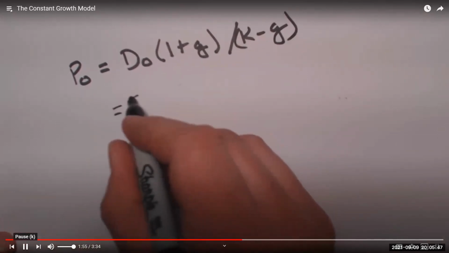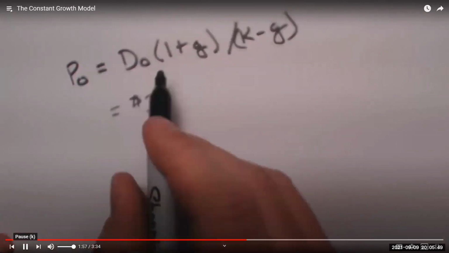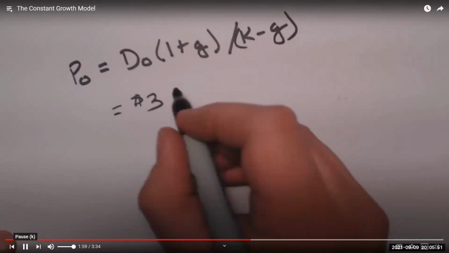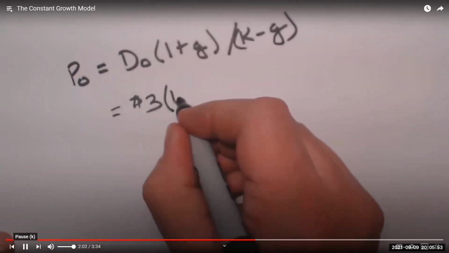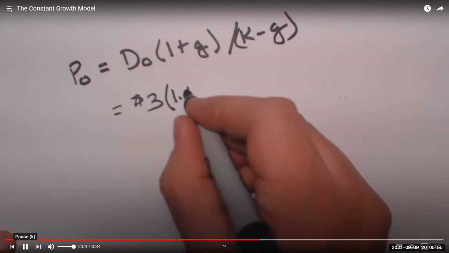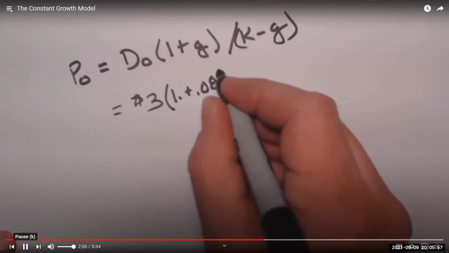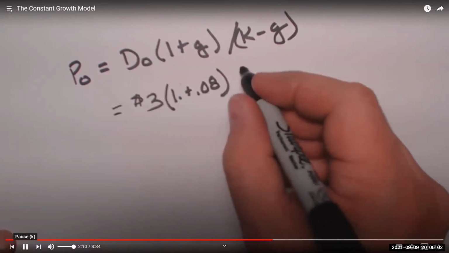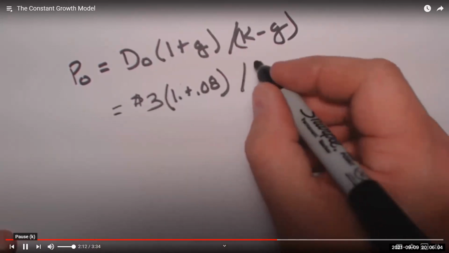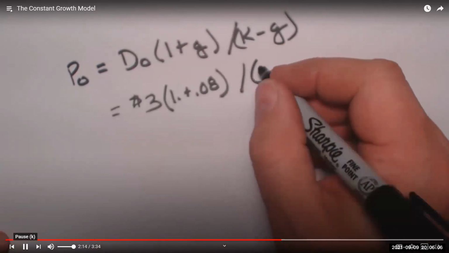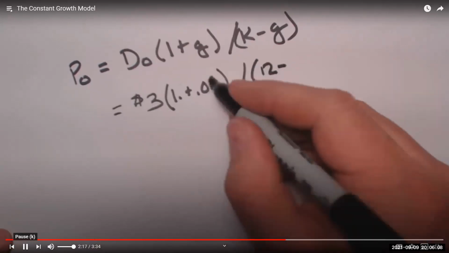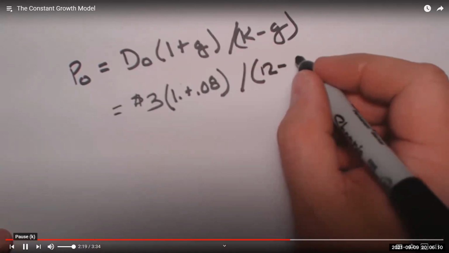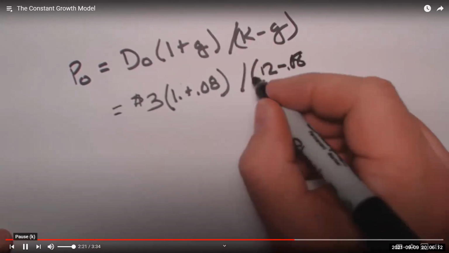So we have had a constant dividend of $3. So D0 is $3. And now we're going to take the 1 plus, we are going to have an 8% return. So 1 plus 0.08 divided by the k, which is small k, which is 12%, minus the growth, which is 8%. This is 0.08.